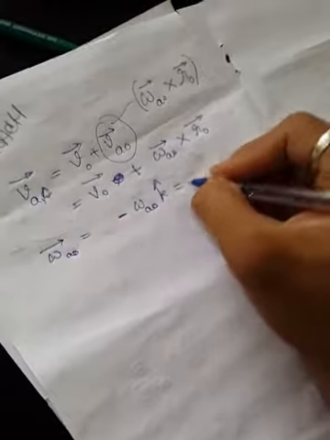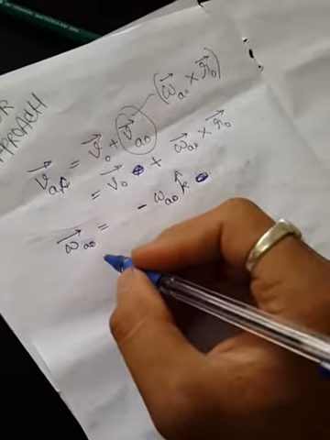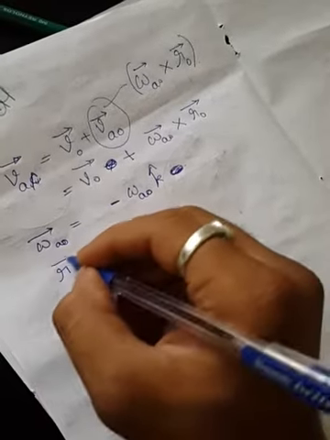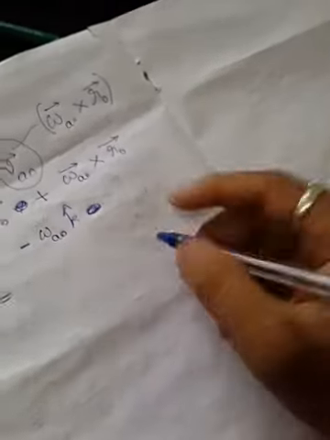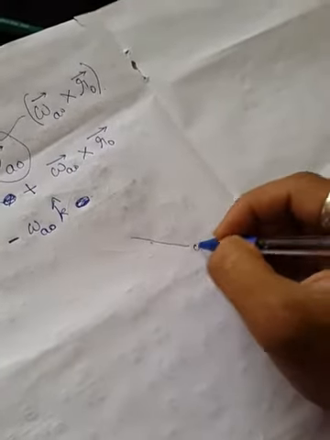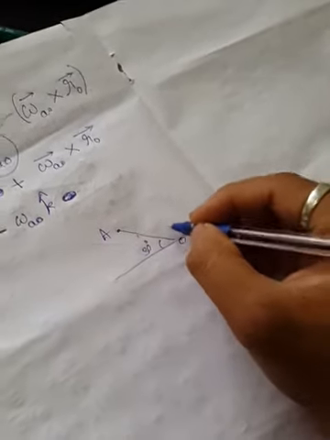We'll just leave it there, and then we'll also calculate what is vector R_O. Now I have O and I have A. This angle is 30 degrees.